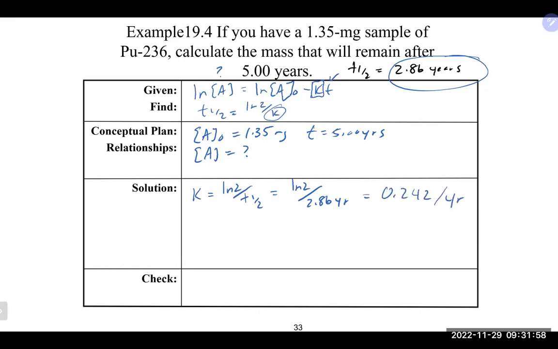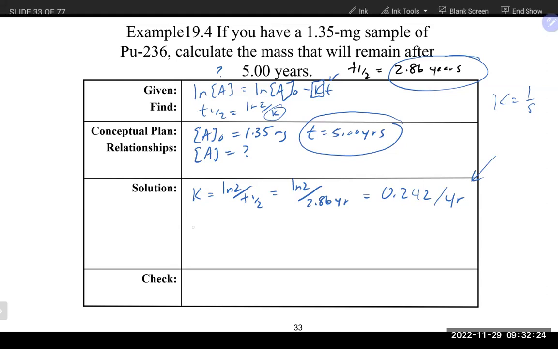If you remember the first order kinetics, the rate constant has units of 1 over time, which is basically what this is. So that all matches. By the way, you should also watch the units of K and time to make sure they are in the same units. In this case, they're both in years, so that's good, but they could be in different units. So you want to make sure that they do agree.